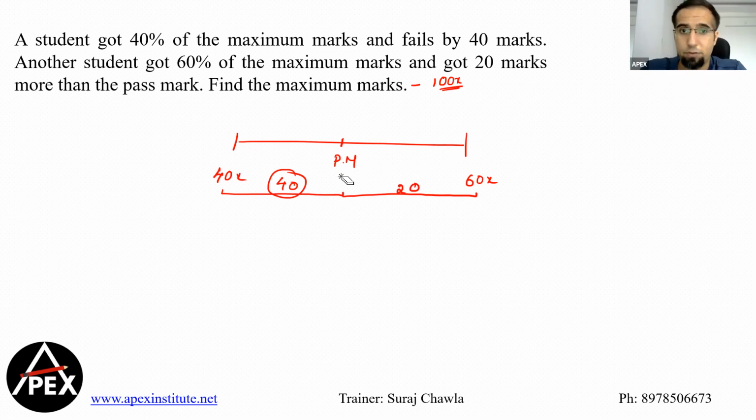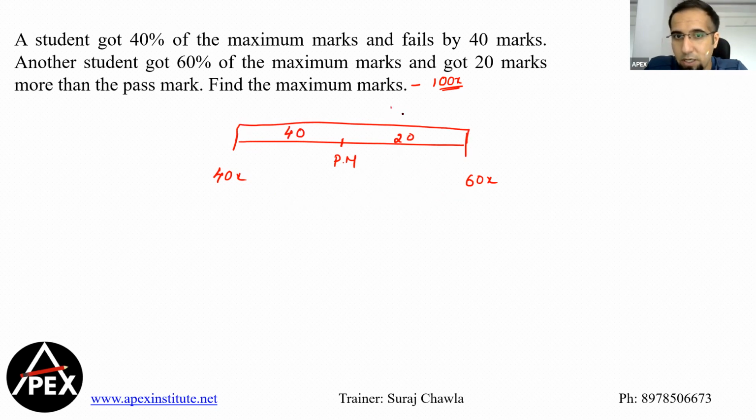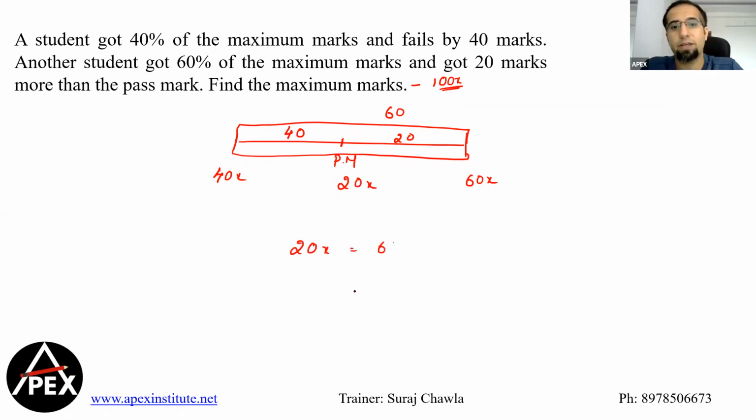So now if you observe, I know that this is 40 and this is 20. So let's see this now, okay? So can I say the gap between these two is 60, whereas the gap between these two is 20x. So can I directly solve this as 20x is equal to 60 or the value of x is equal to 3?